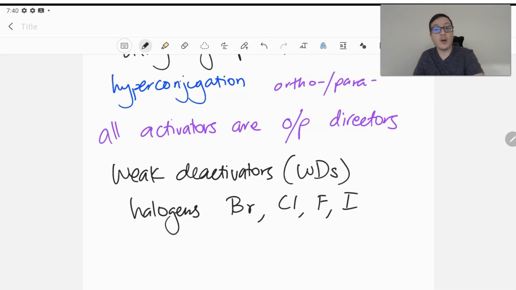So these withdraw electron density a little bit through inductive effects, right? That said, they are capable of resonating into the ring. So while they are inductively pulling electron density, so they are deactivating the benzene, making it less nucleophilic, they are still stabilizing the ortho and para positions.